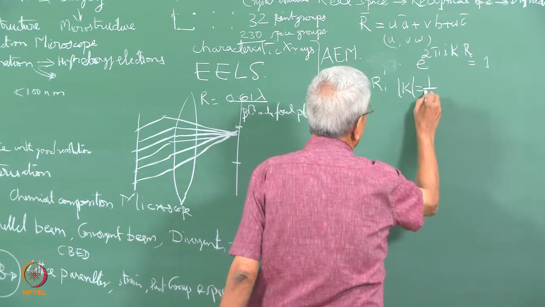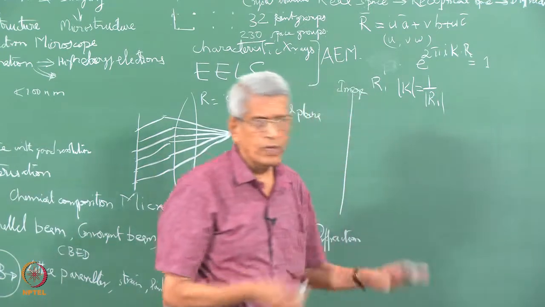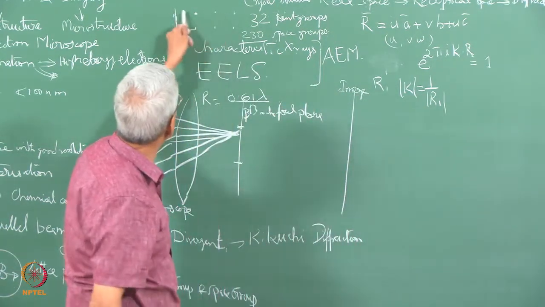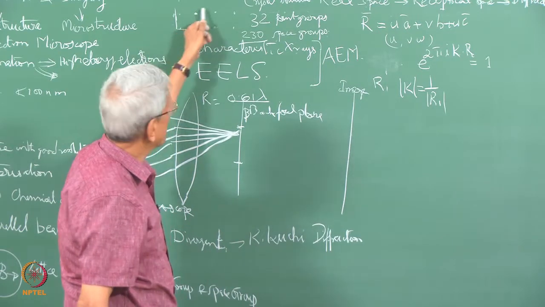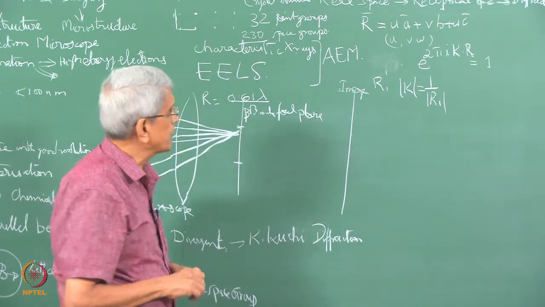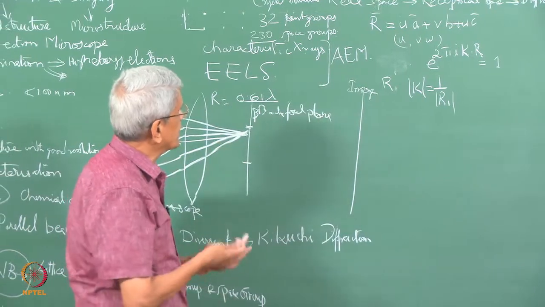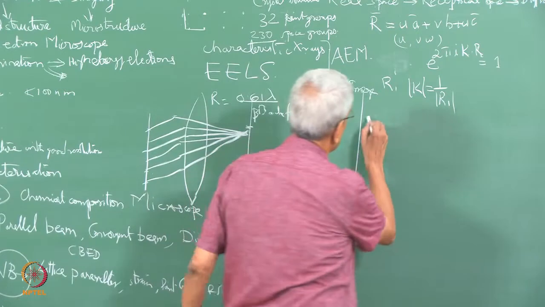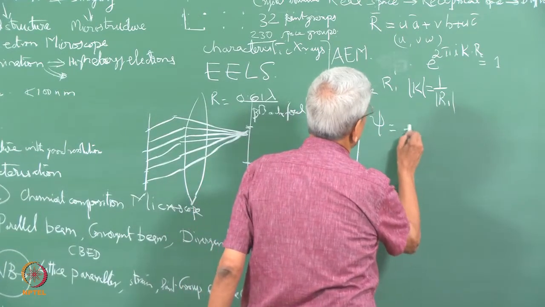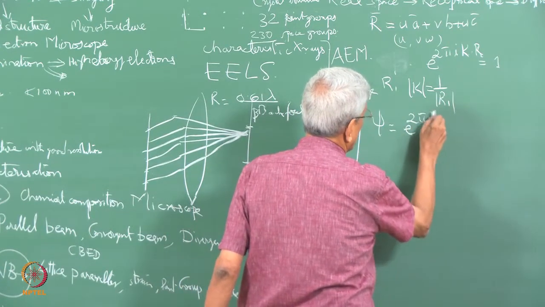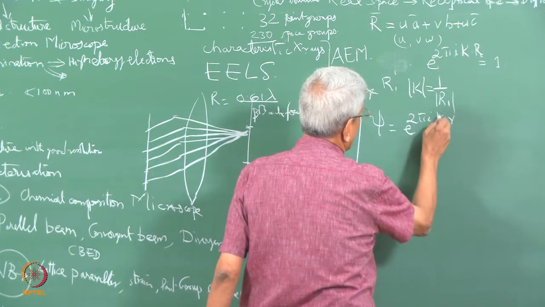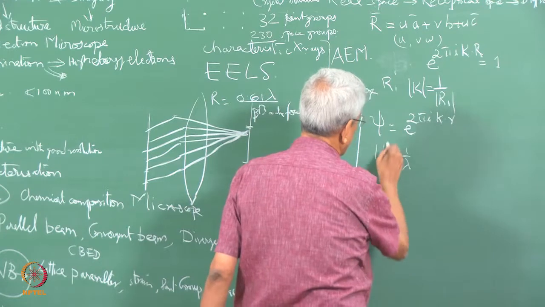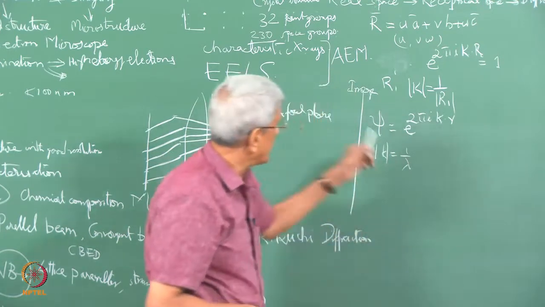How we looked at it is that in this periodic lattice, suppose we allow an electromagnetic radiation to pass through. Electromagnetic radiation as a plane wave, if we consider it, is represented as e to the power of 2 pi i k dot r, where modulus of k equals 1 by lambda, where lambda is the wavelength.